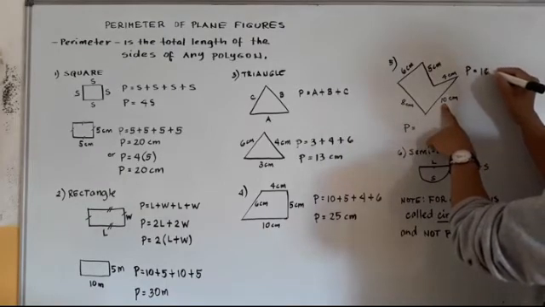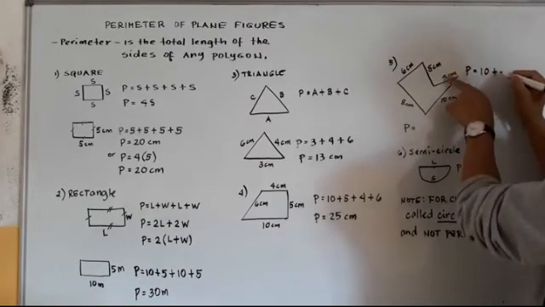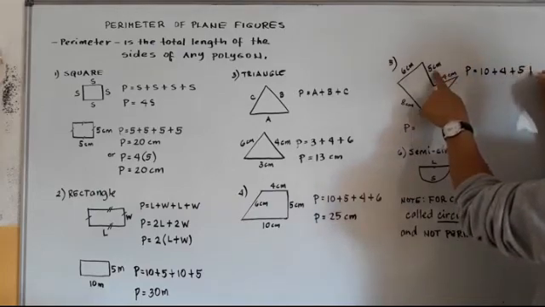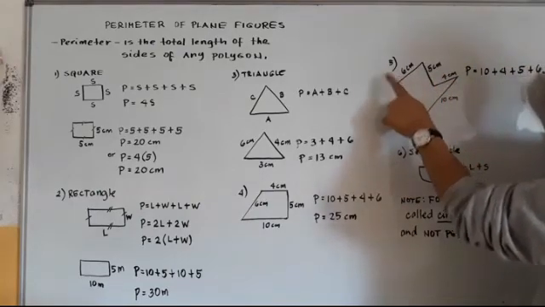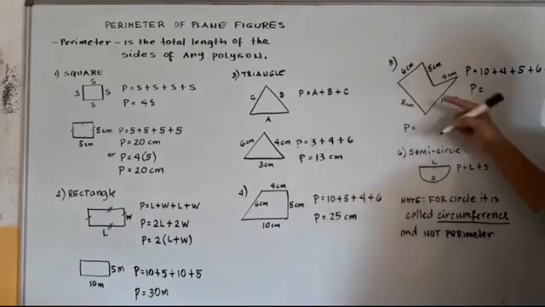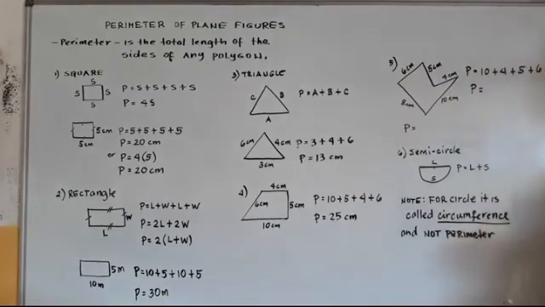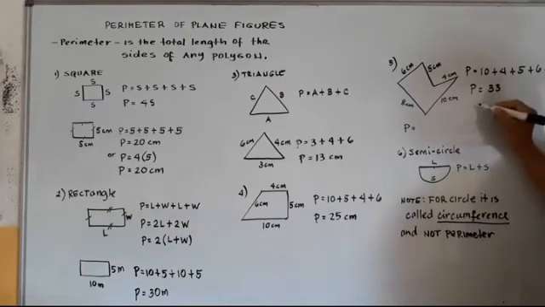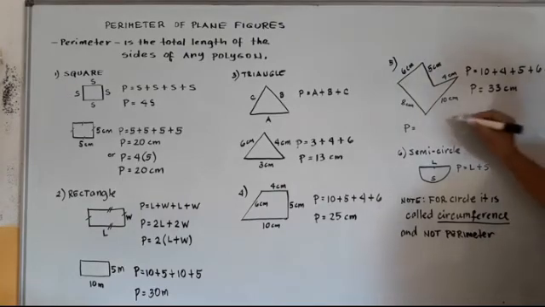We have 10 cm plus that 4 plus that 5 plus that 6 plus that 8. That is the perimeter of our pentagon, which is not regular. So we have 14, 19, 25, we have 33 unit centimeters. Okay, that's the perimeter.